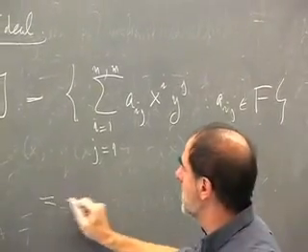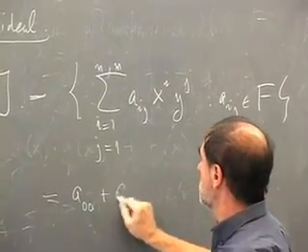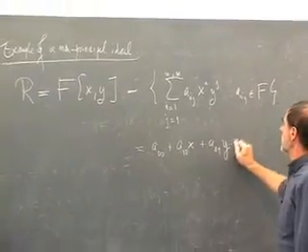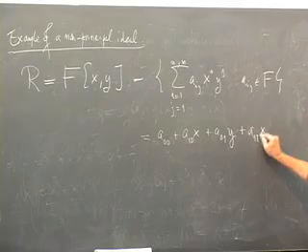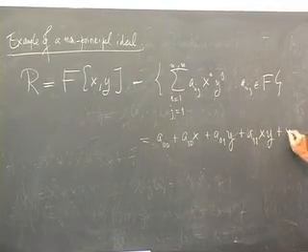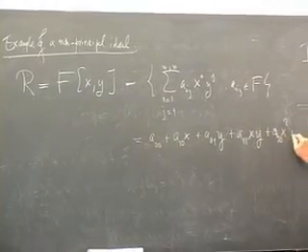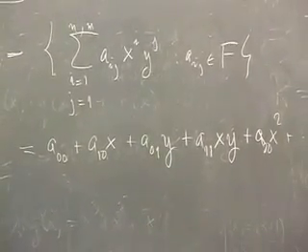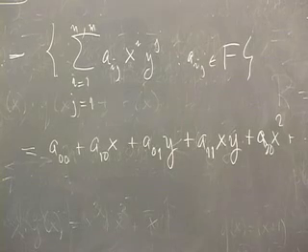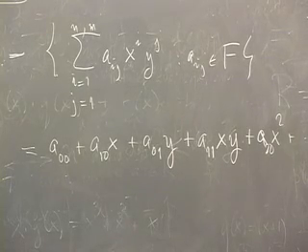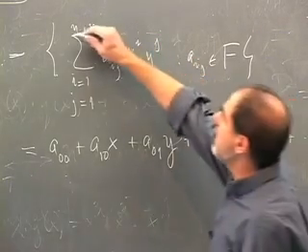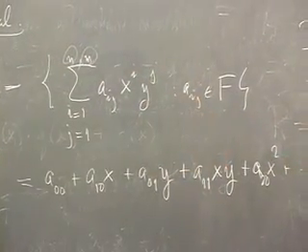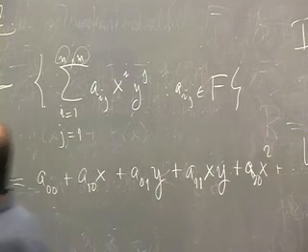So such a polynomial would look like a00 plus a10 x plus a01 y plus a11 xy plus a20 x squared plus etc. And you multiply just like you multiply polynomials in two variables, and you add by components. And of course, the degrees in any given case are bounded, but can be arbitrary in general because you have to multiply them.